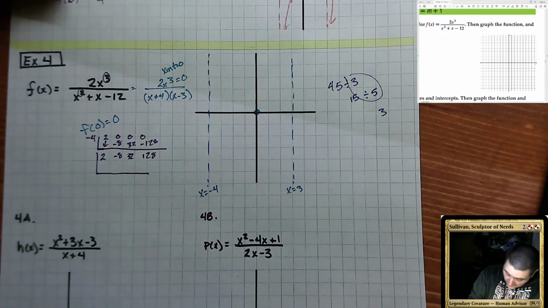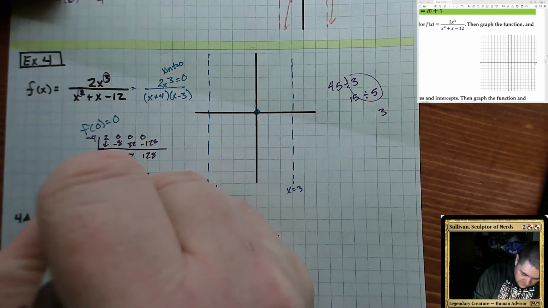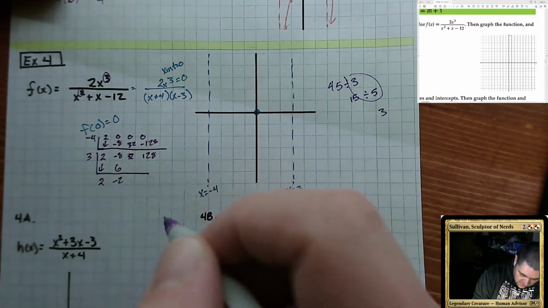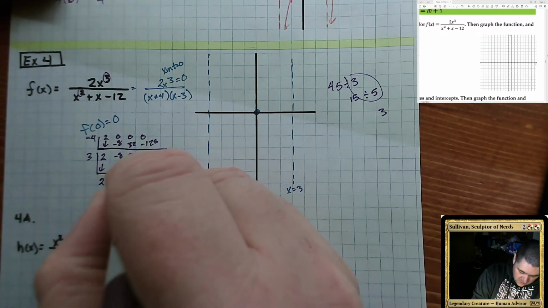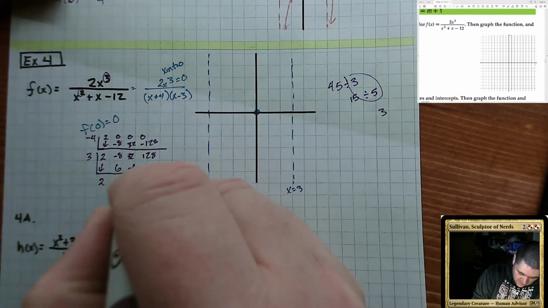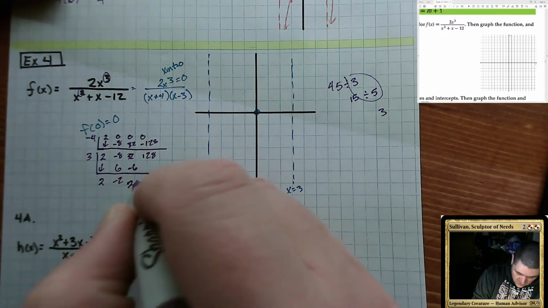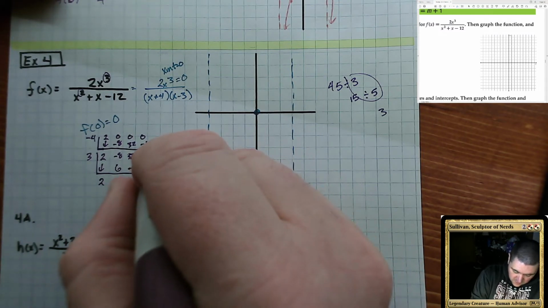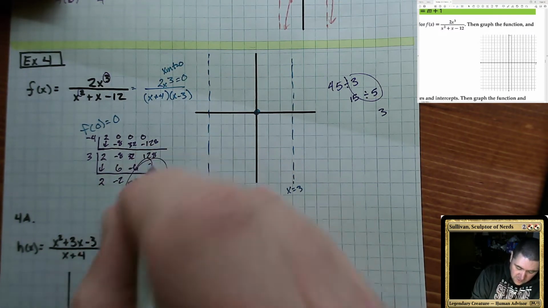And then again with 3: 2, 3, 6, negative 2, negative 6, 26, I'm tired. And then see how we're going to have double remainder here.